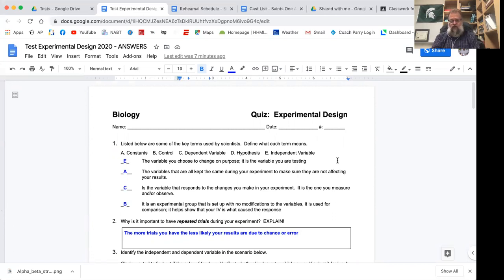Once you start it, you must finish it in one sitting, or it will lock you out. If you prefer to do it in person, it can be done in person after school at 12:45 on Friday, the 23rd, or Monday, the 26th.